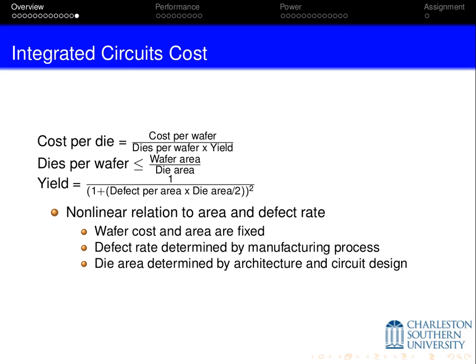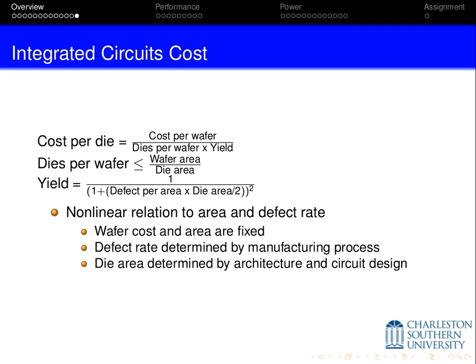So it should be 1.25, and you have to square it. 1.5625. So 1 over that is 0.64. So your yield is only 64%, even though you have 0.01.